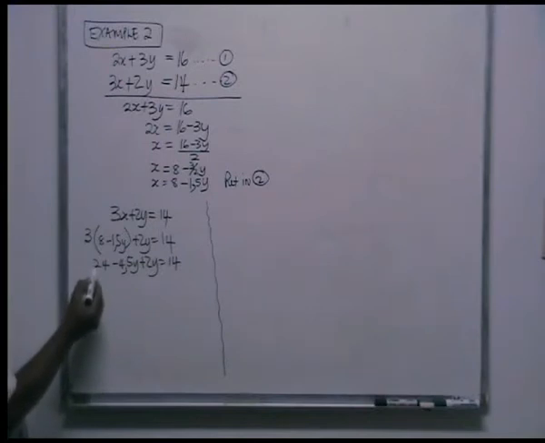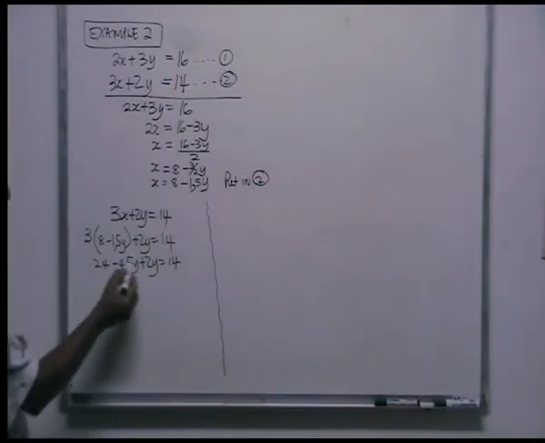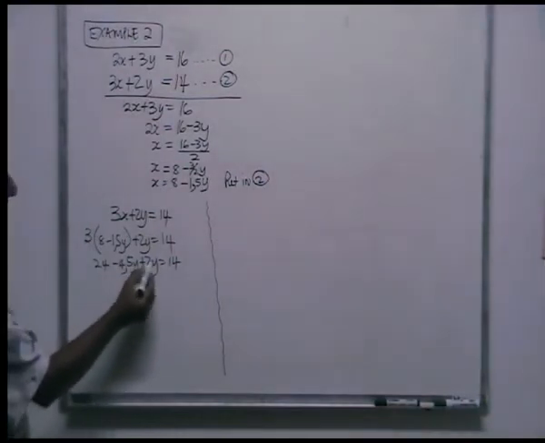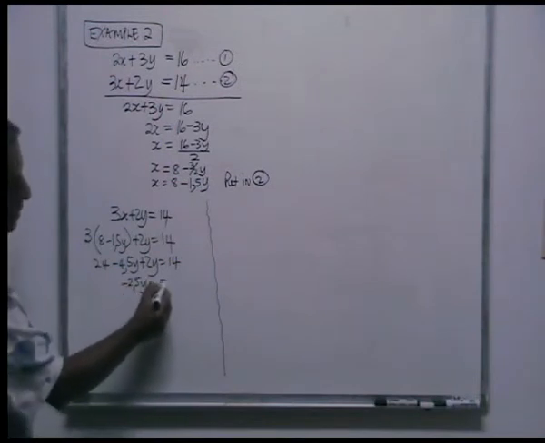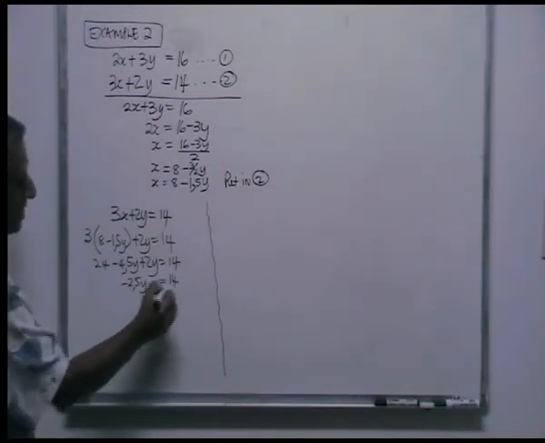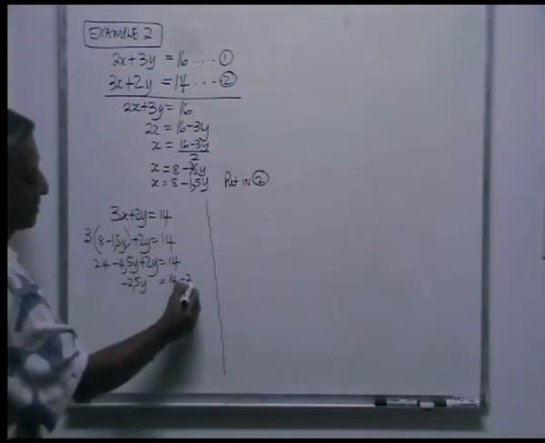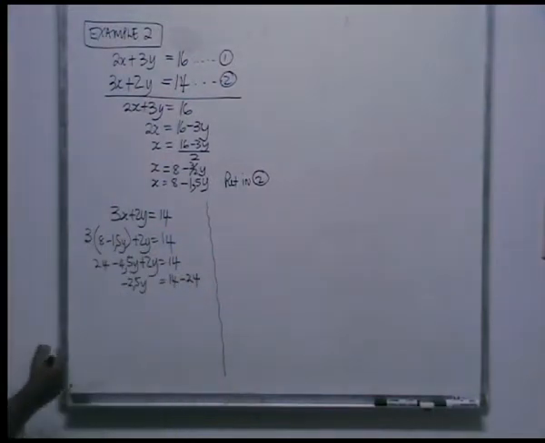And then you take the y's and simplify that first. So minus 4 comma 5 and plus 2 will give you minus 2 comma 5y is equal to, and then you've got your 14 here. Take this 24 to that side, you get minus 24.